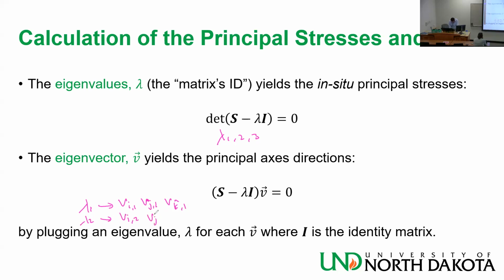Vj comma 2, Vk comma 2, and then you have lambda 3 giving Vi 3, Vj 3, Vk comma 3. So you have 9. So lambda 1, lambda 2, lambda 3, three times. It can be a long process mathematically.